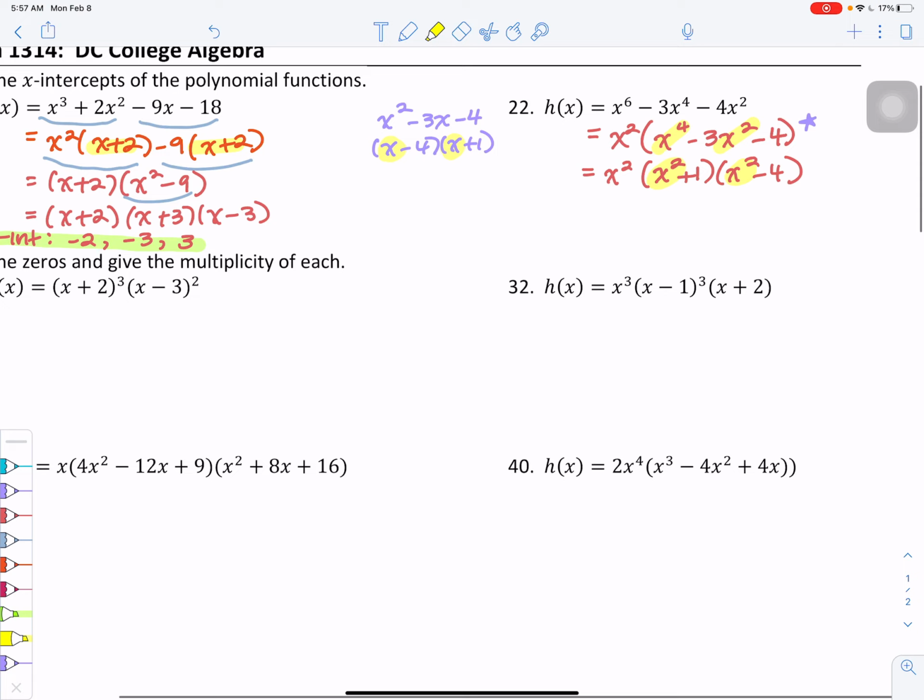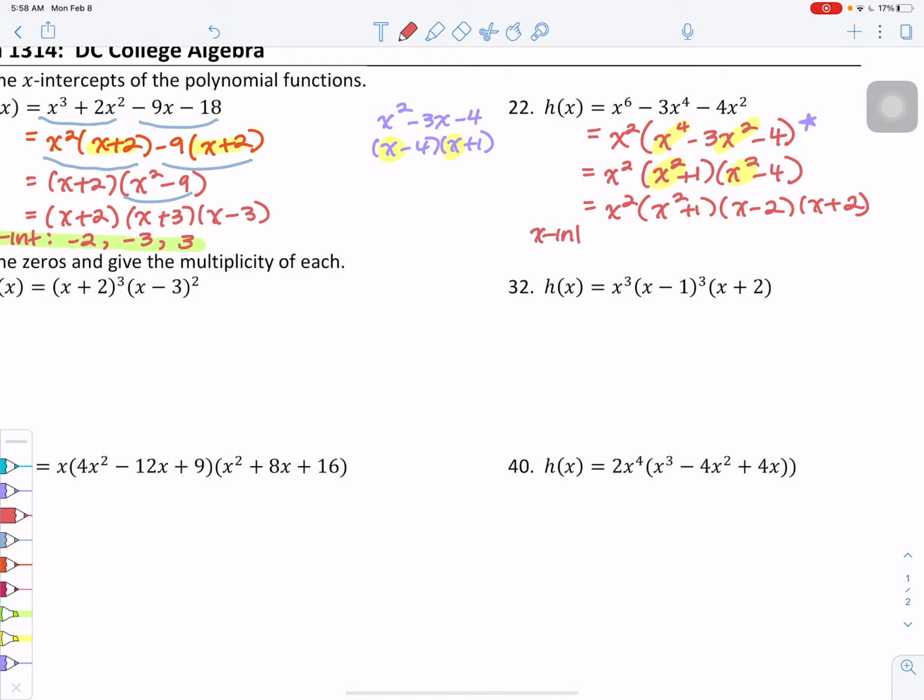Okay, so now let's go ahead and talk about our zeros. But what did you notice? X squared plus 1, the sum of squares can't be factored, but the difference of squares can be. X squared minus 4 is x minus 2, x plus 2. So let's go ahead and give our x-intercepts. Note here that this term generates an x-intercept of 0.